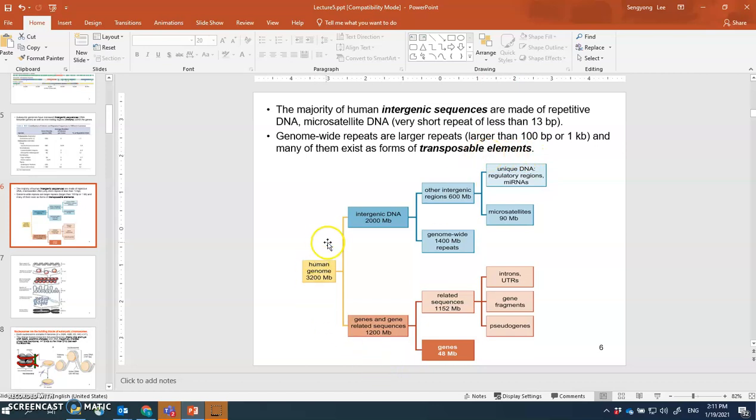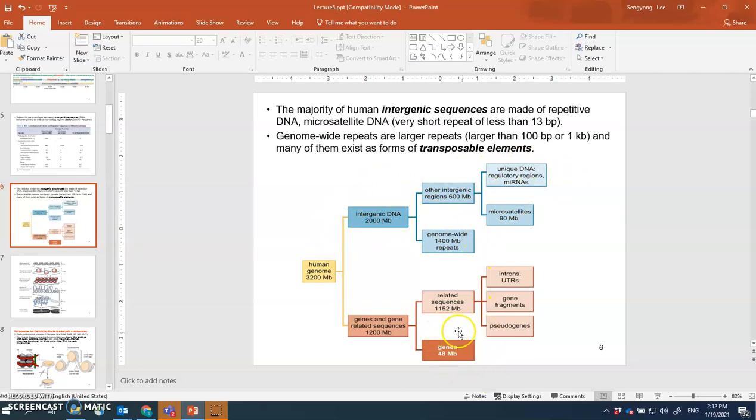So in the human genome, the gene coding region is only this much, but intergenic sequence is about 2,000 megabase pair. Genes and gene-related sequences are only 1,200 megabase pair. And then other intergenic regions, 600 megabase pair, and genome-wide repeats. So these are all seemingly non-functional parts of the genome.